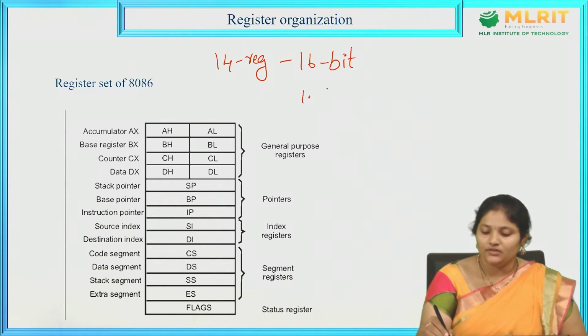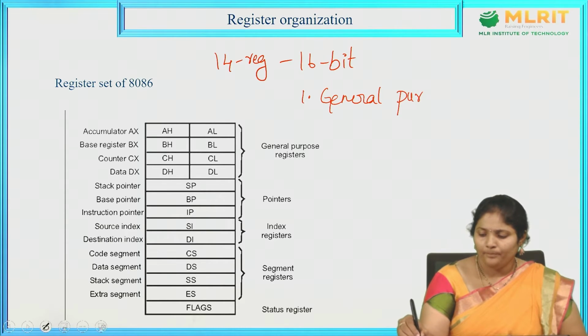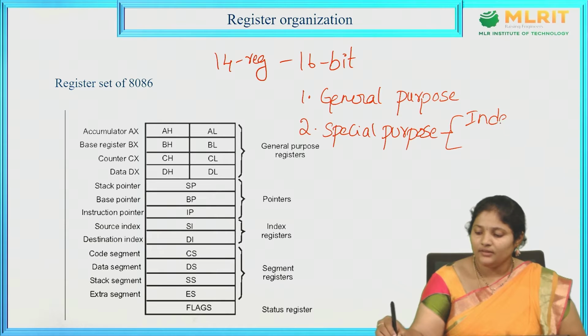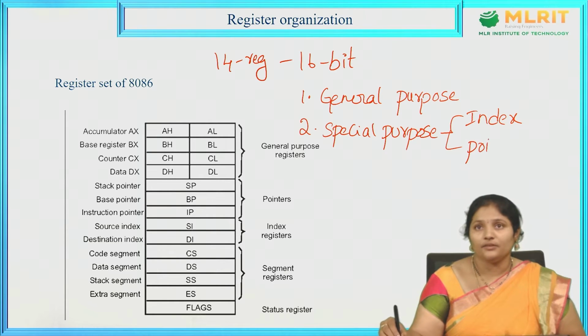First one is general purpose registers. Second one is special purpose registers. Again, these special purpose registers are categorized into two types: index registers and pointer registers.